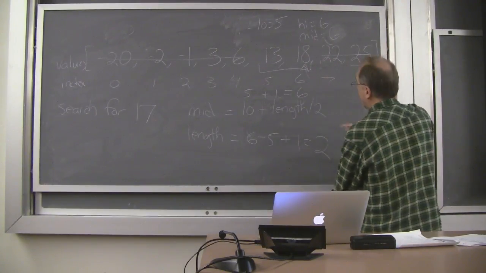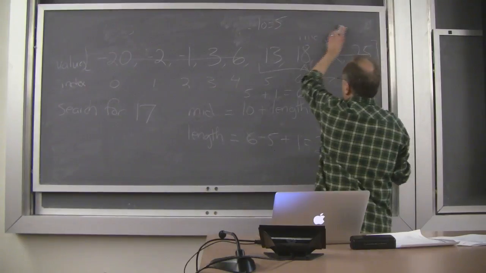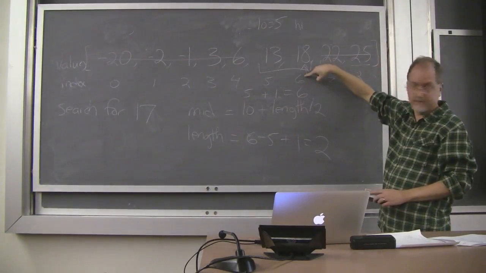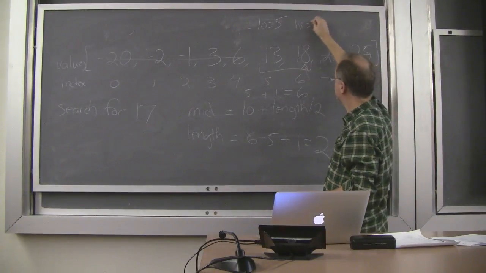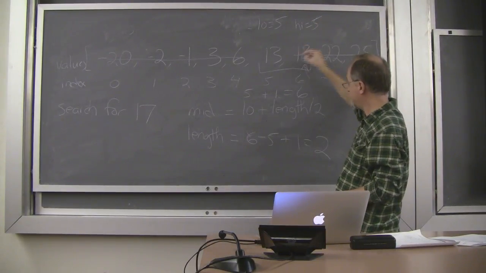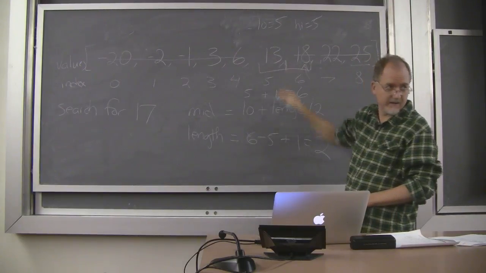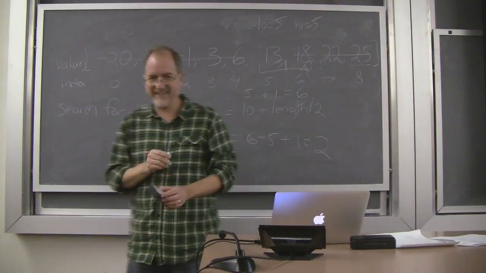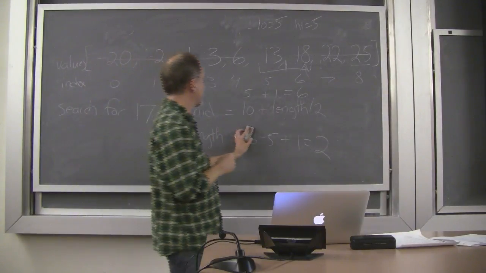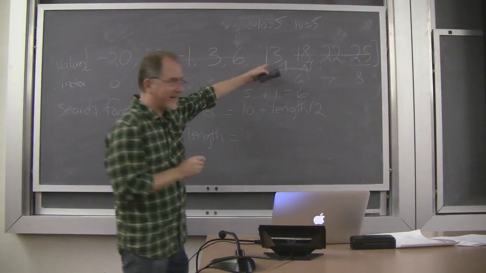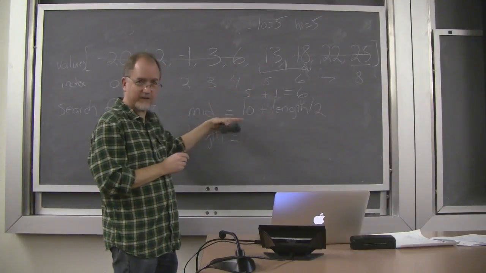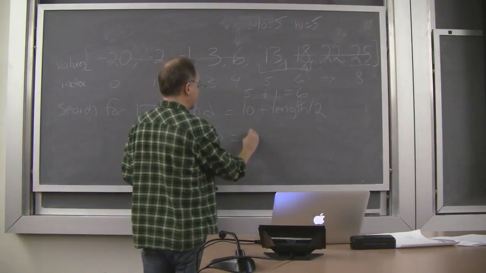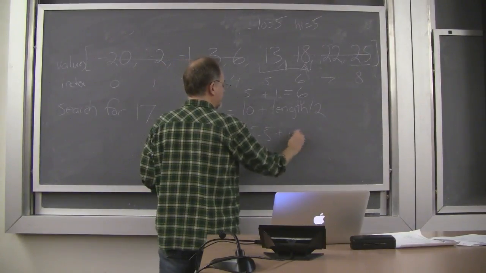We're going to say that high equals the mid minus 1. High equals 5. Low is 5. Mid equals 5. This is our remaining array, right? We'll squish it down to one possibility. You're all saying, that's not 17, but we still have to do the math and figure out where this middle point is, right? So the length is 5 minus 5 plus 1 equals 1.